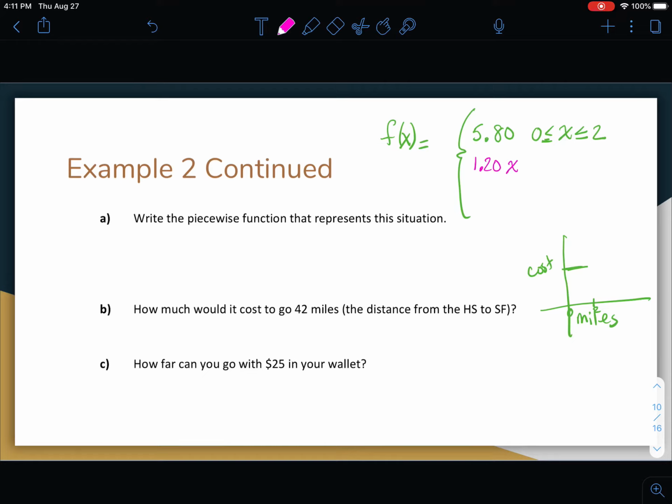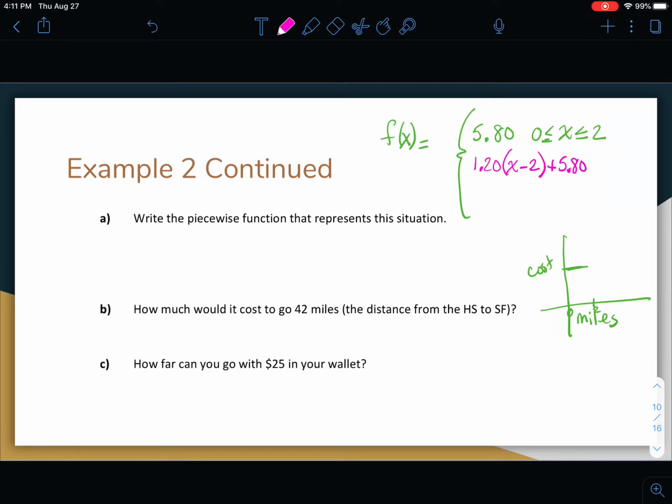This is $1.20 times the miles traveled. That's not what I want because I already paid for those first 2 miles. I don't want to pay an additional $1.20 for each of those miles. So you actually want the total miles, take away the 2 you've already paid for. Now, this gives you the extra portion, but we also want to make sure their total bill includes that $5.80.